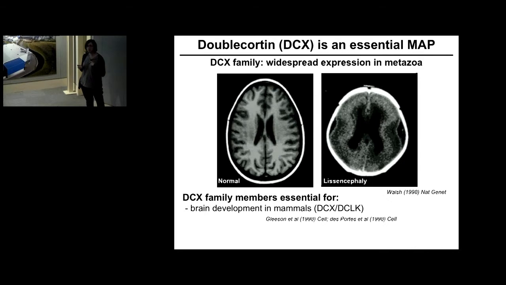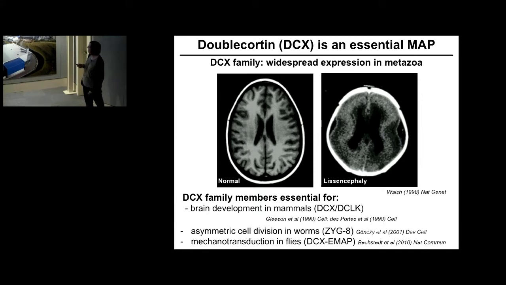But members of the Doublecortin family of microtubule stabilizing proteins have been identified beyond mammals and have roles beyond regulation of microtubule dynamics in migrating neurons. There are homologs identified, for example, in both worms and flies, and they have different roles in regulating microtubules in different functional contexts in those organisms.